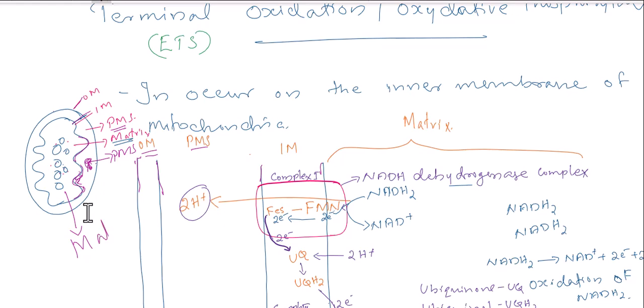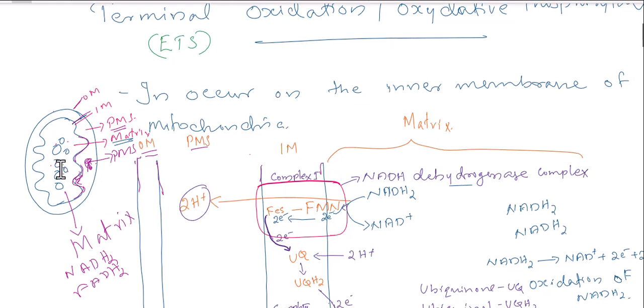The Krebs cycle takes place inside the matrix, you know that. Inside that matrix there are a large number of energy rich reduced coenzymes, NADH2 and FADH2 molecules.